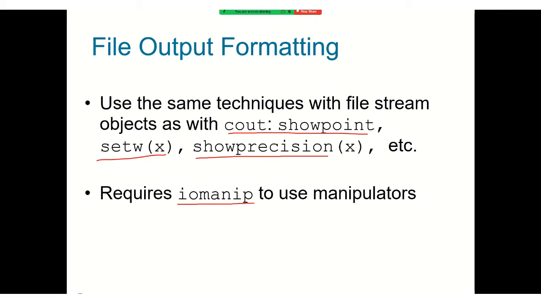This is the header that you require in order to do some elementary formatting. So iomanip is the key for doing the formatting.